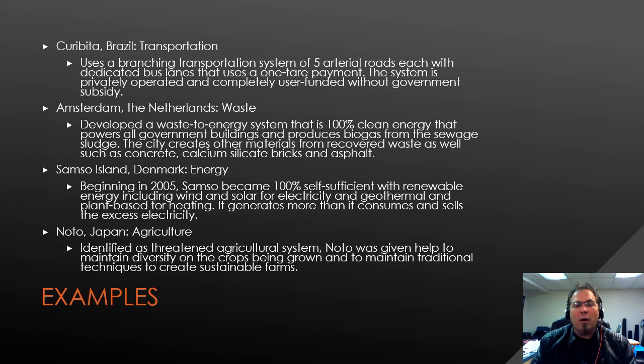And then the last one is the Noto, Japan agriculture, which I thought was pretty interesting. This area is in the northern section of the main island of Japan, and it was identified as a threatened agricultural system. There's a world entity that noticed this, and they've been given some help to maintain the diversity of crops that are being grown along with the traditional techniques to create sustainable farms.